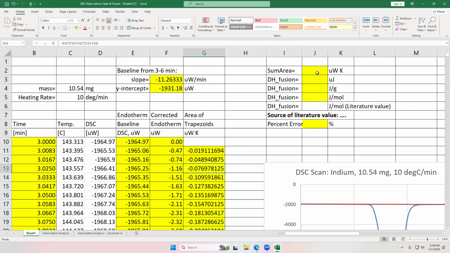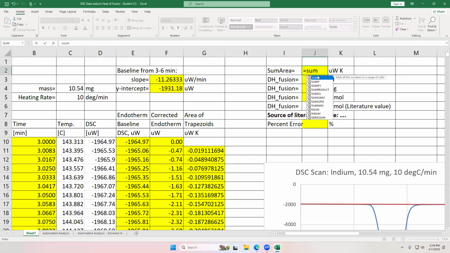And the sum of the areas in microwatts Kelvin would be equal to the sum. This is F10 plus F11, the average of the two, times C11 minus C10, that's the delta T.